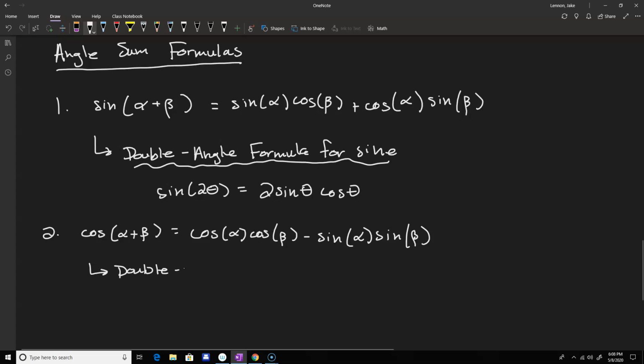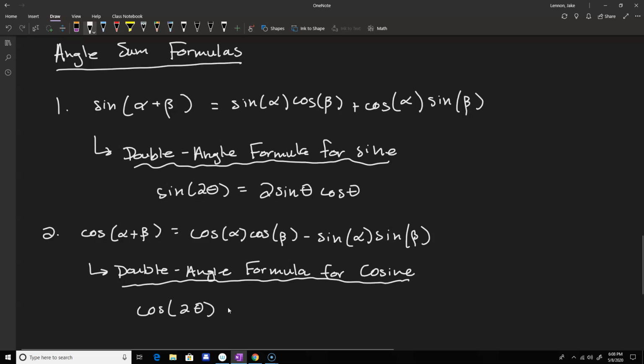So double angle formula for cosine. So this is given, we would have the cosine of 2 theta. That would equal cosine theta times cosine theta, which is cosine squared theta, and then minus the sine squared theta. So those are your double angle formulas.